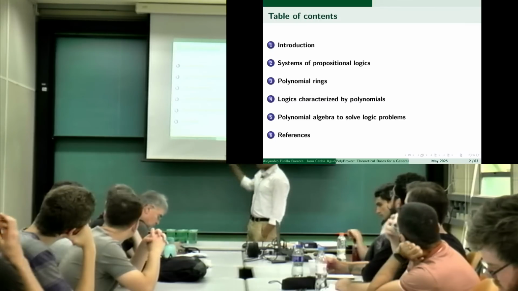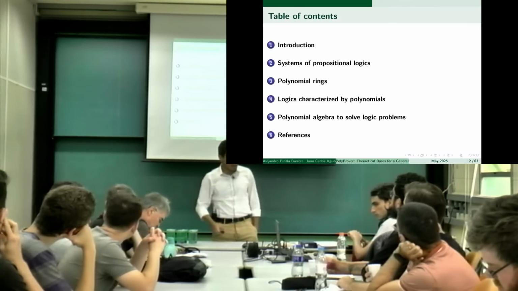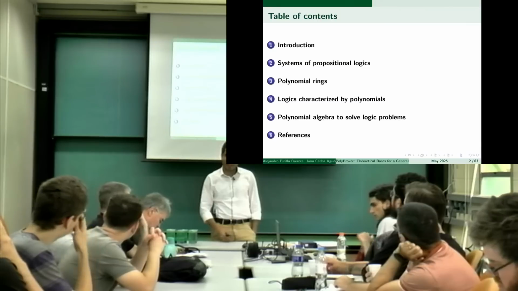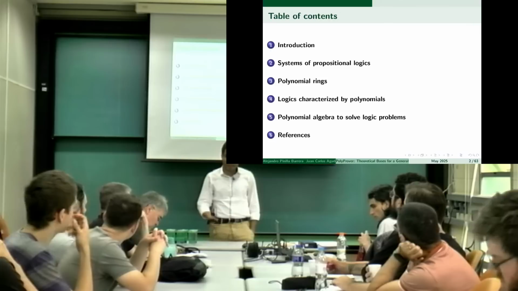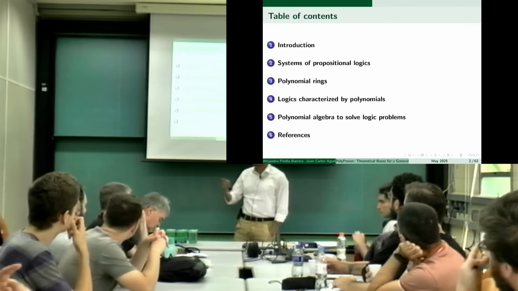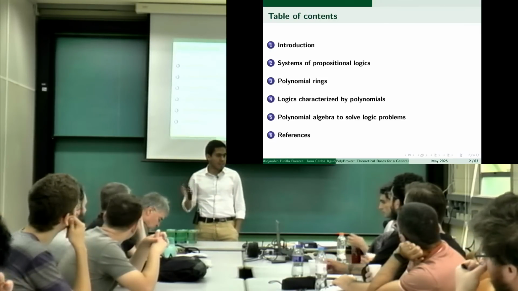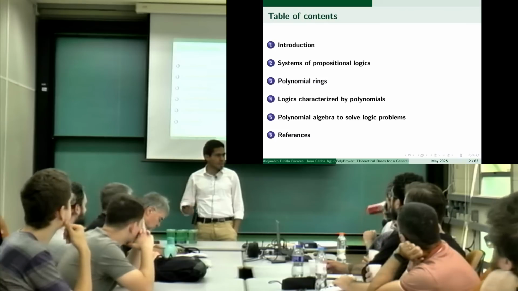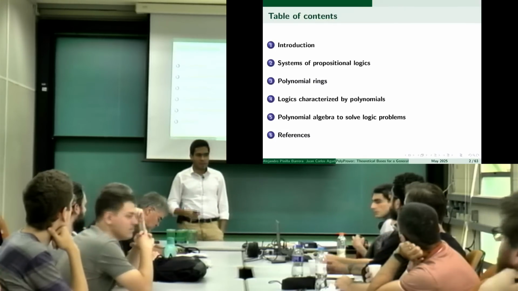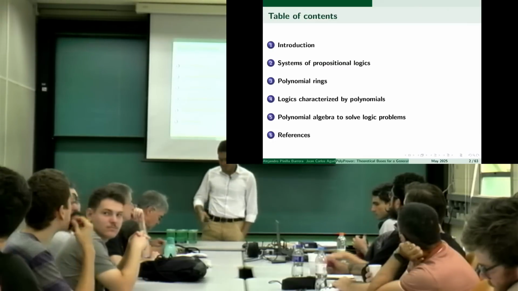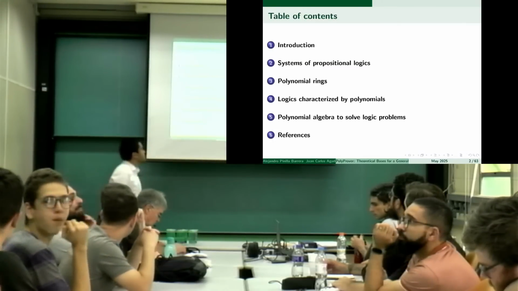And the last one is talking about how can we translate some logical problems like deduction, satisfiability, finding a model, into a problem regarding the solution of systems of equations or other characteristics of polynomials. Right? So let's start.